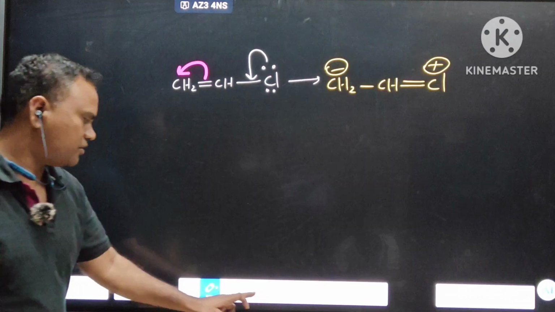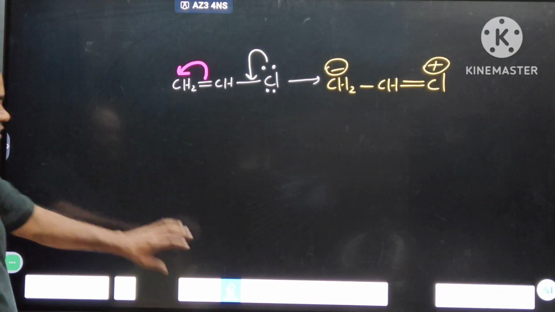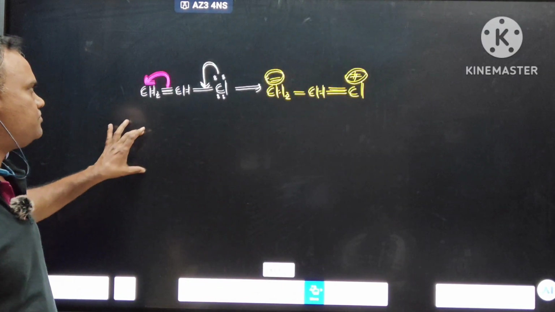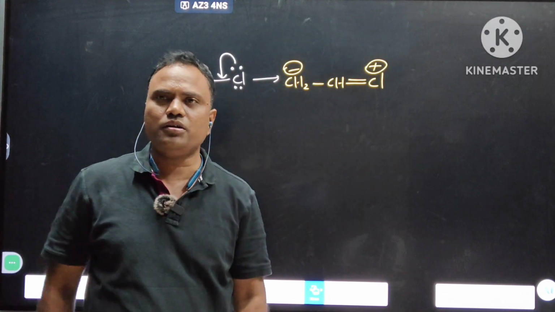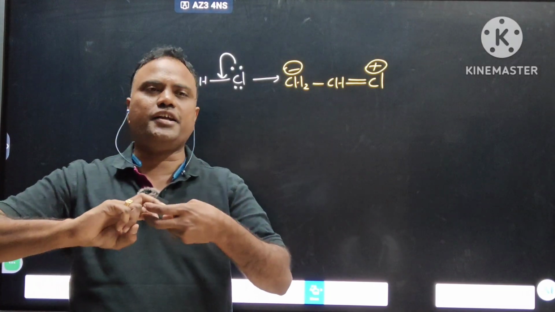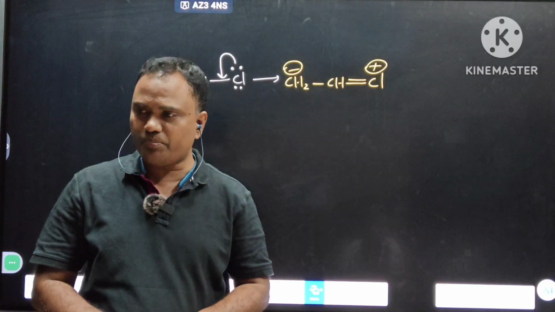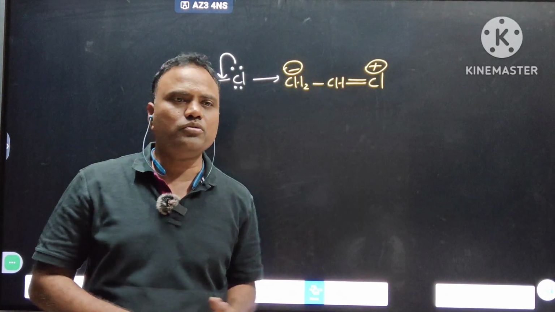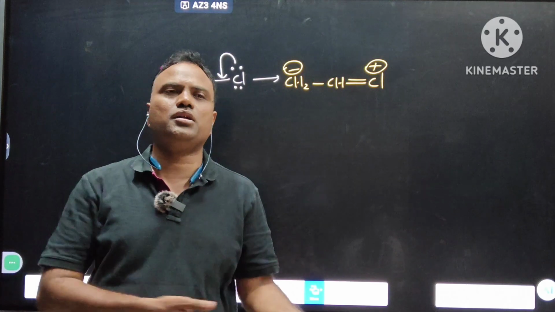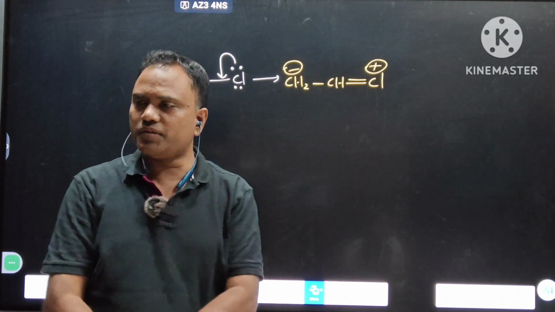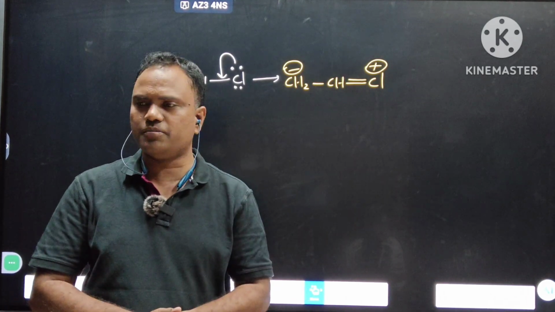A double bond is forming between carbon and halogen. Now you tell me, Cl is tightly held to carbon through a double bond. Can we break this? Will it leave? No, it won't leave. Then how will another atom come in the place of Cl? So substitution is not possible.